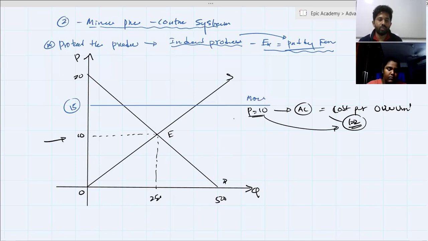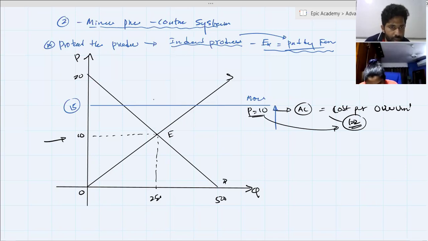We call it the minimum price. Now you can identify that the minimum price is always above the actual equilibrium price, right? So what will happen to the quantity demanded and quantity supplied after imposing the minimum price? Just consider this is the point where the minimum price crosses the demand curve. After increasing the price as a minimum price, what will happen to the quantity demanded?